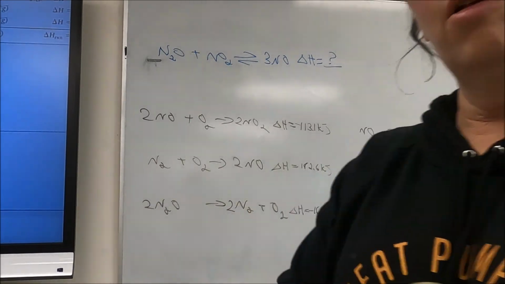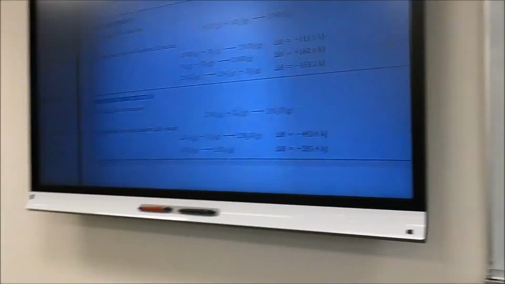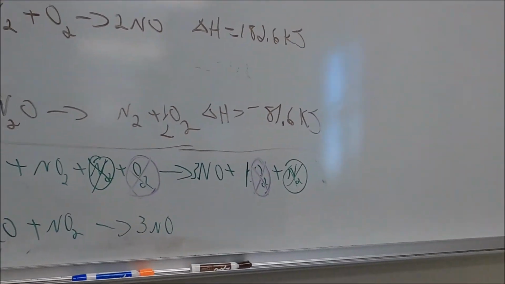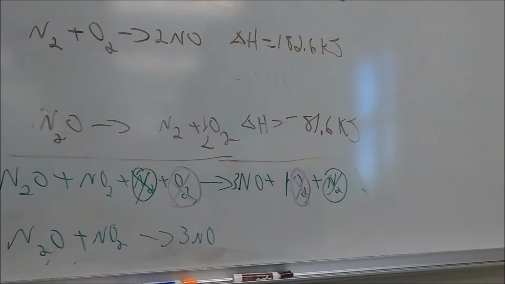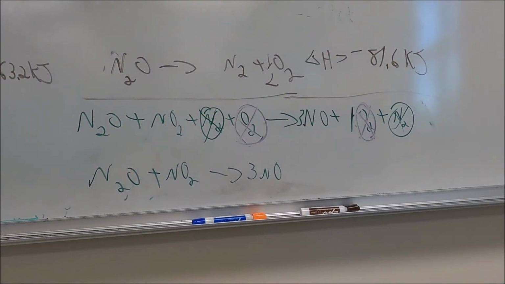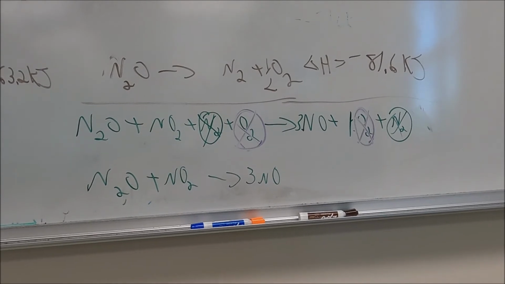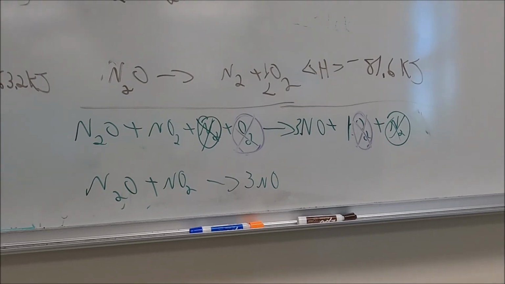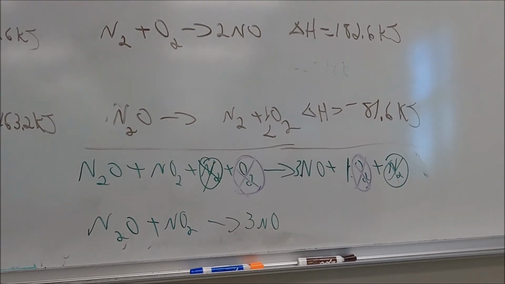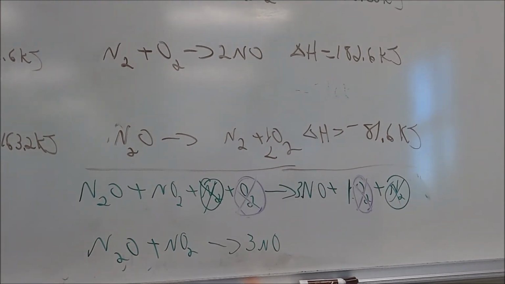Now guys, let's take a close look, okay? Because I know you're at a distance. So let's set this right here so you guys can see how things cancel out. So that means if all of those added up to give me my overall reaction, all I have to do is add up those delta H's to get my final value.